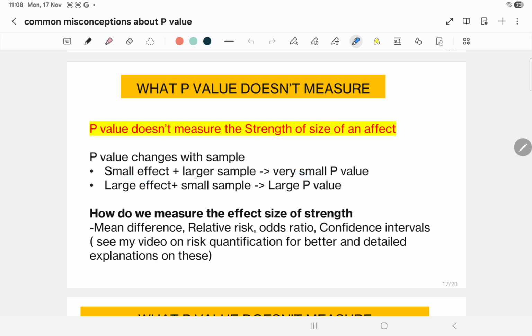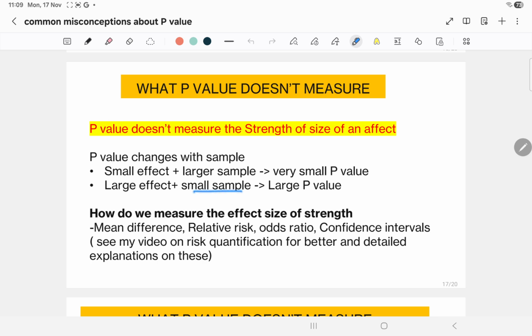If we have a very large sample size, even a minor effect can give us a very small p-value. So even though the effect of the drug is small, a small p-value means that we have statistically significant data. But in actuality, there is a small effect. But why are we getting a very small p-value then? Because we have a large sample.